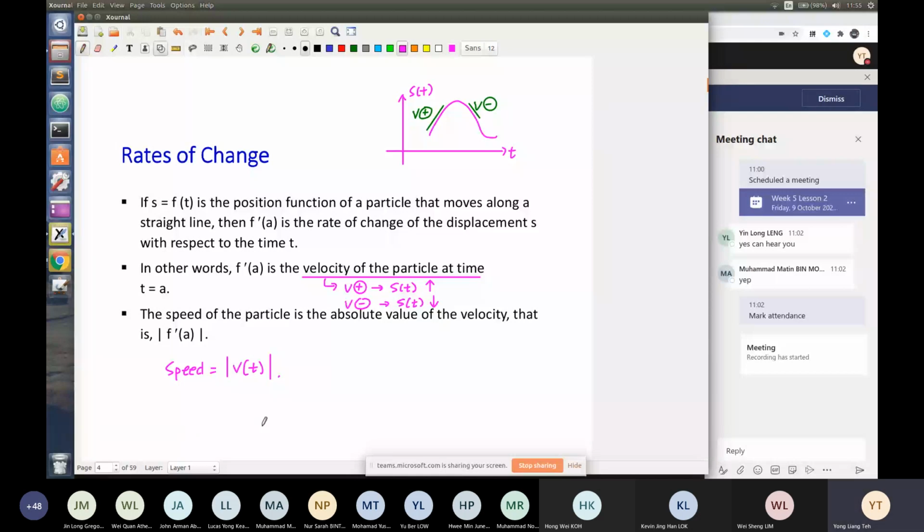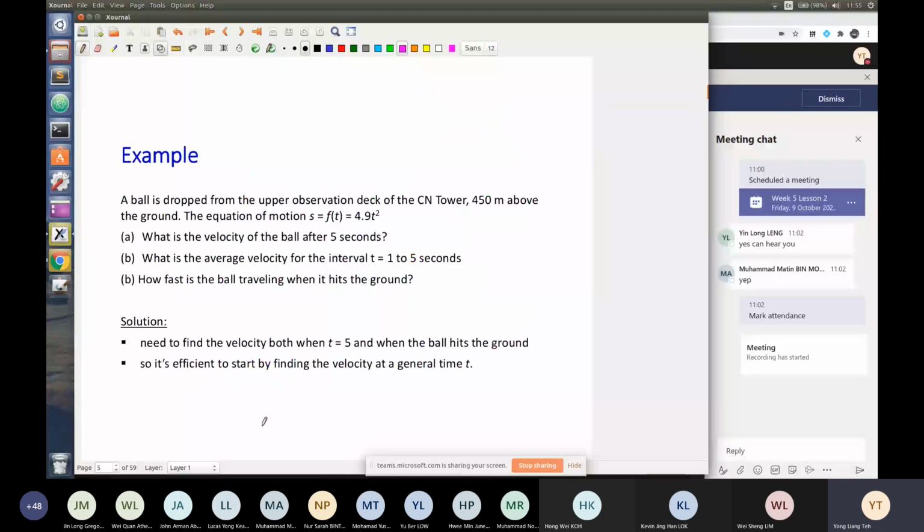Let's look at this example to apply the concept of velocity. We have a ball that is dropped from the upper observation deck of some tower 450 meters above the ground. Looks awfully familiar; I think we have done this before. Let's draw the representation.